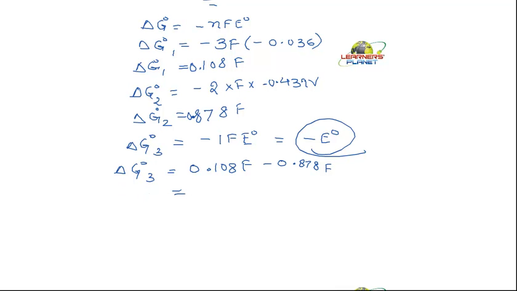We have found that delta G3 is equal to how much? Minus of standard electrode potential, and this would be 0.108 minus 0.878, so this would be minus 0.77 volts.